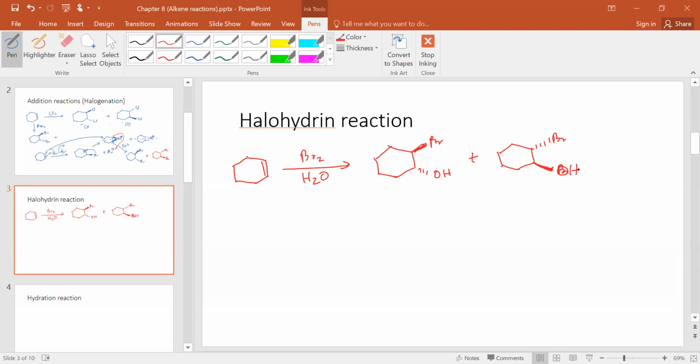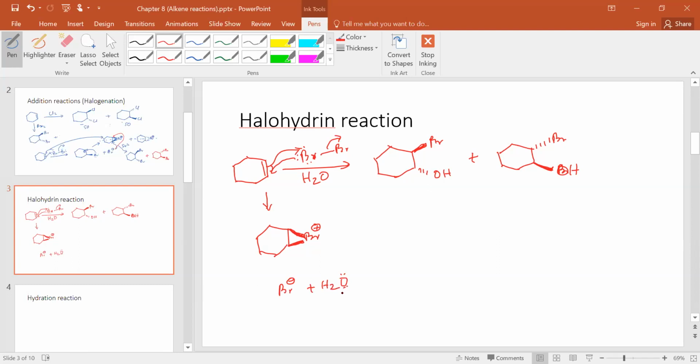So what is the mechanism? The first step is the same, the addition of bromine, and it will make the bromonium ion intermediate. Now bromine will leave as bromide ion, Br minus, plus H2O. In the reaction you have two things.